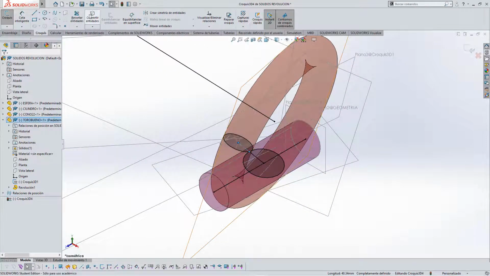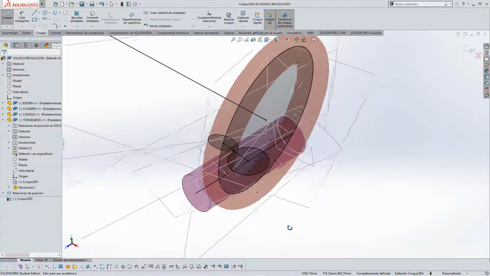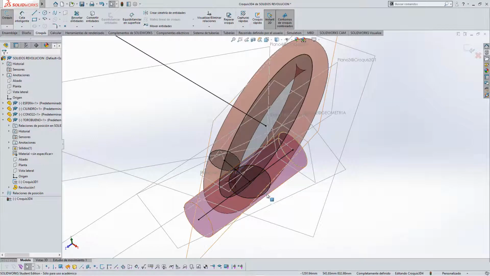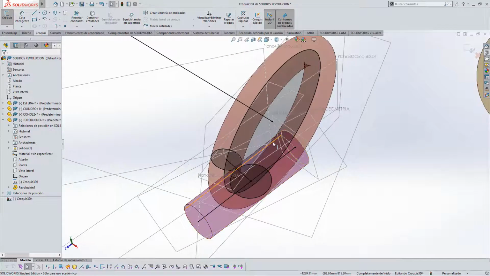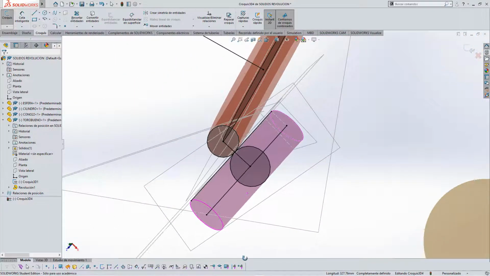So I'm converting all these entities I mentioned, and now we have everything we needed. Now the generatrix of the cylinder is left. I'm going to select it. Yes, so now we have all the elements I was mentioning.